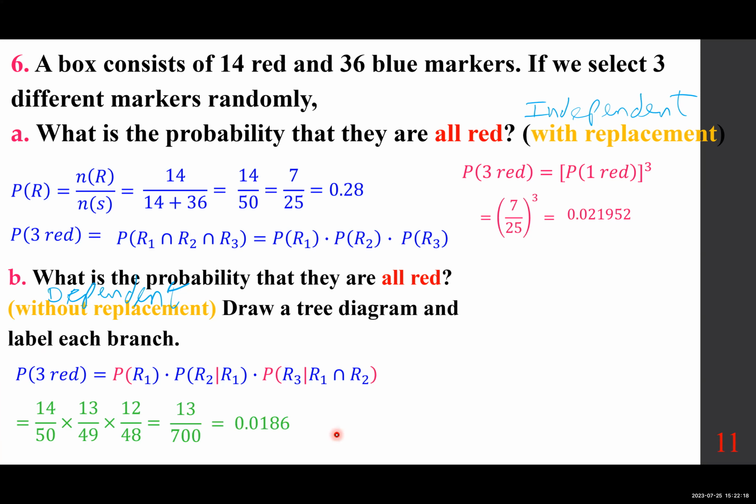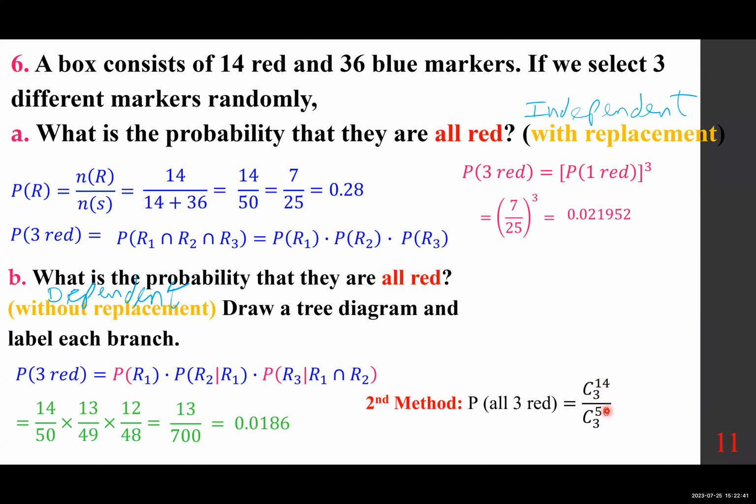And I want to discuss a different method and the tree diagram. But again, we need to understand what happens here. So you can say probability of all 3 reds is, okay, the denominator first. We have a total of 50 combination. I'm going to pick 3.